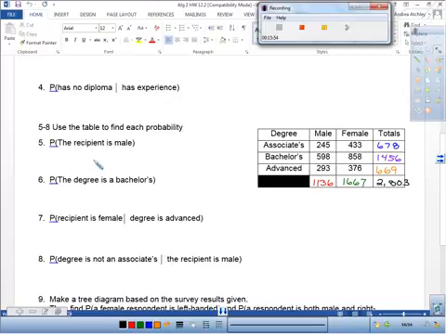Okay, the recipient is male. So again, it's out of everybody because we're just discussing the probability of all of people we talk to. And the recipient is male, so we want to use the total of males we talk to.